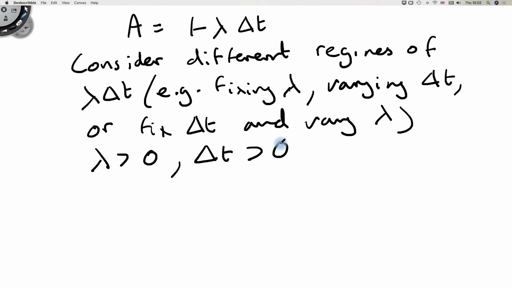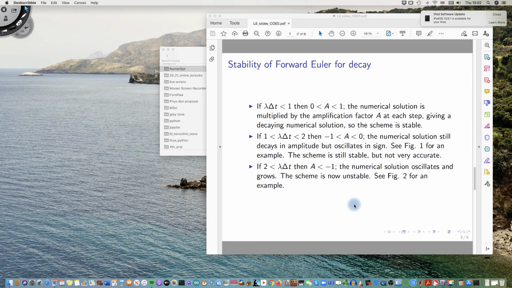So we're going to consider those different cases. I'm actually going to go back now to the slides, and then consider these different categories.